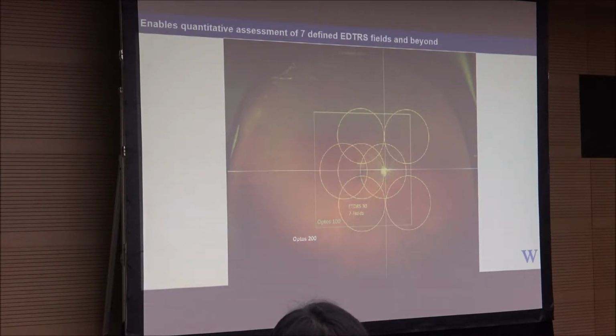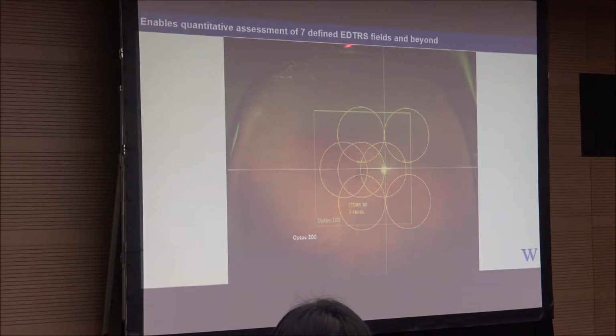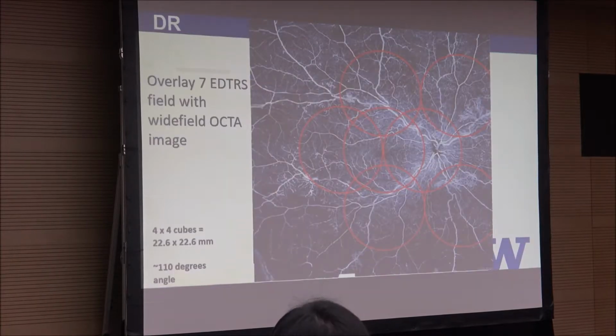For example, over here, this is the Optos FA fundus image, and you have a 7 field of view for the standard ETDRS field. You can overlay this 7 field on your scans and quantify within this 7 field and also outside this 7 field.